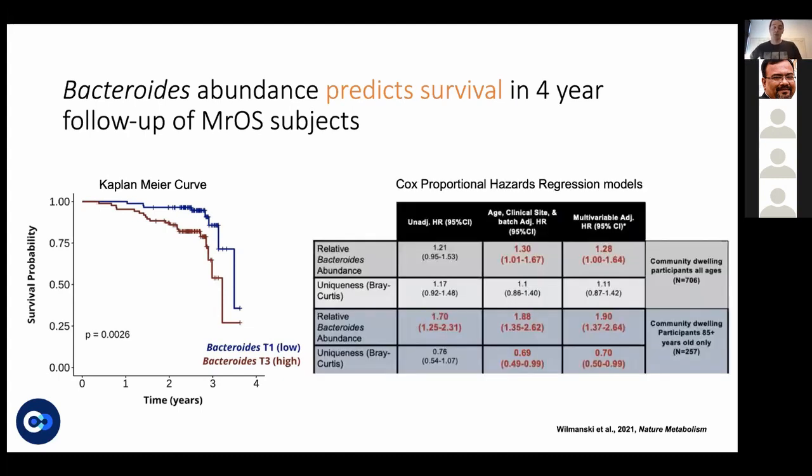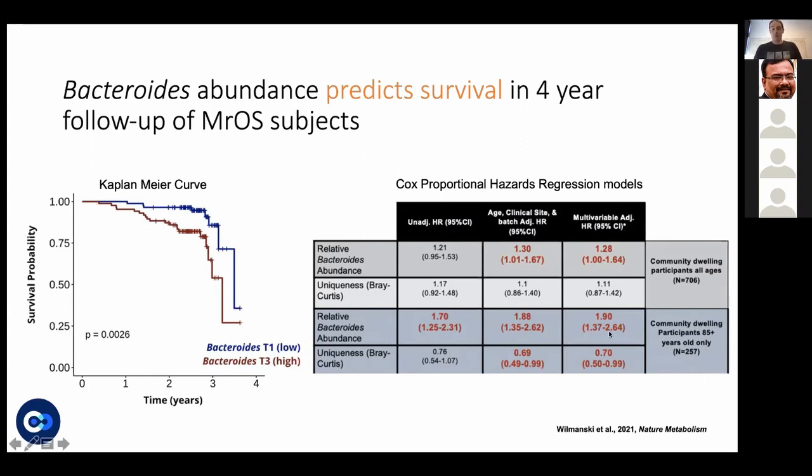We got a little more resolved through a Cox proportional hazard regression model where we could control for some of the confounders. And I'll just direct your attention to this lower right-hand quadrant. If you just look at 85-plus-year-olds, so people that are already quite old and close to achieving extreme longevity, and if you control for a bunch of different factors, including age, clinical site, batch effects, but then also other factors that could influence mortality, like your cardiovascular health, your BMI, and a few other things.